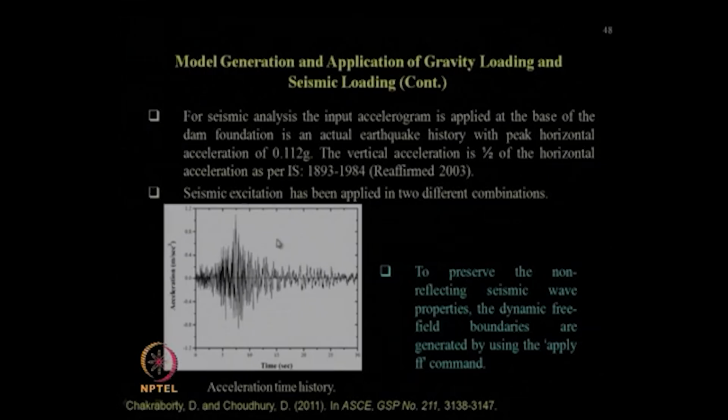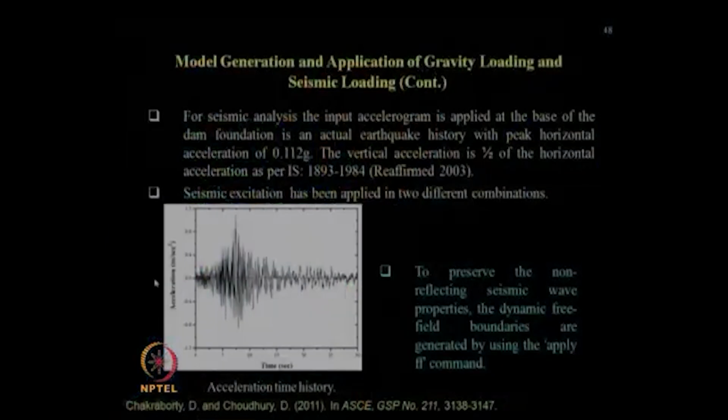In dynamic analysis, you need not assume any of these kh and kv values, because you are giving the full acceleration time history as an input in your FLAC model, and that is your exact dynamic analysis. But when you are analyzing using a pseudostatic or pseudo dynamic approach, you need to take care of those kh and kv values, right. So, this is the input seismic acceleration as I have shown over here.